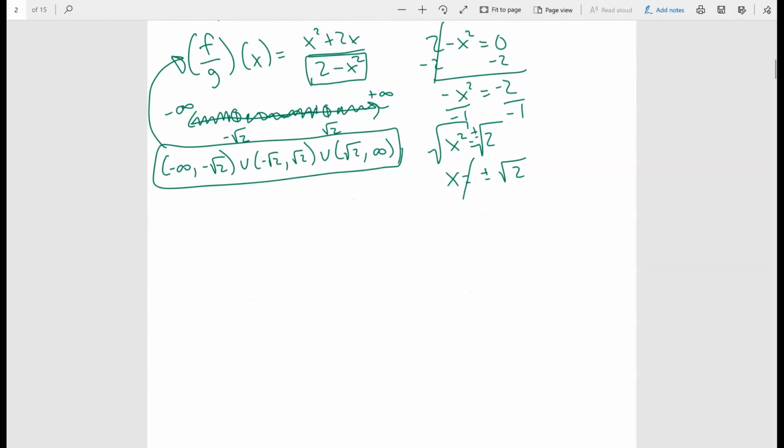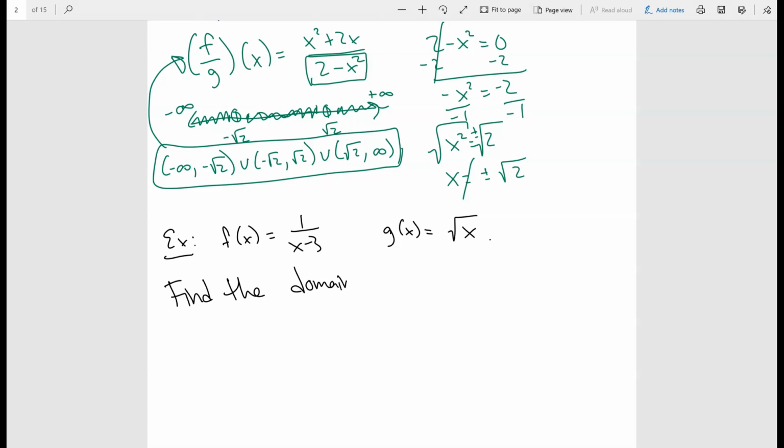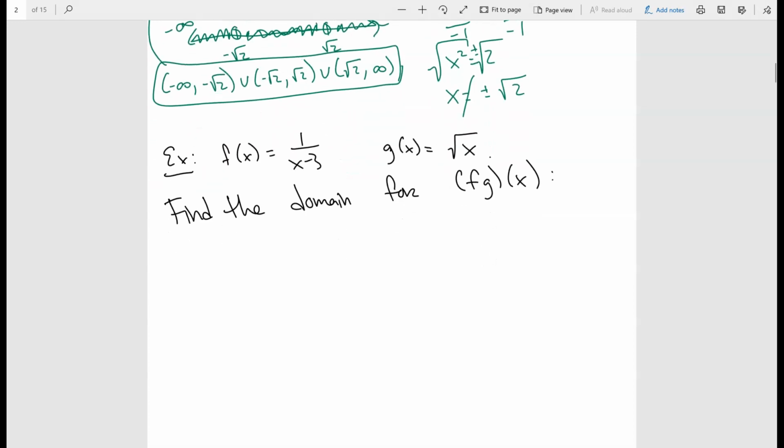So let's say you have f of x equals 1 over x minus 3 and g of x equals square root of x. Find the domain for f times g of x. Okay. So in this case, notice that we have a multiplication of two functions, so you can multiply them if you want.